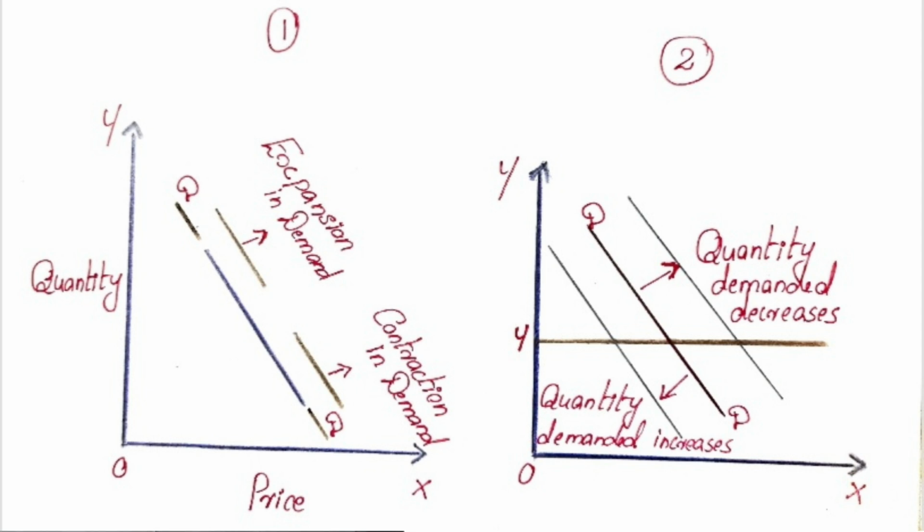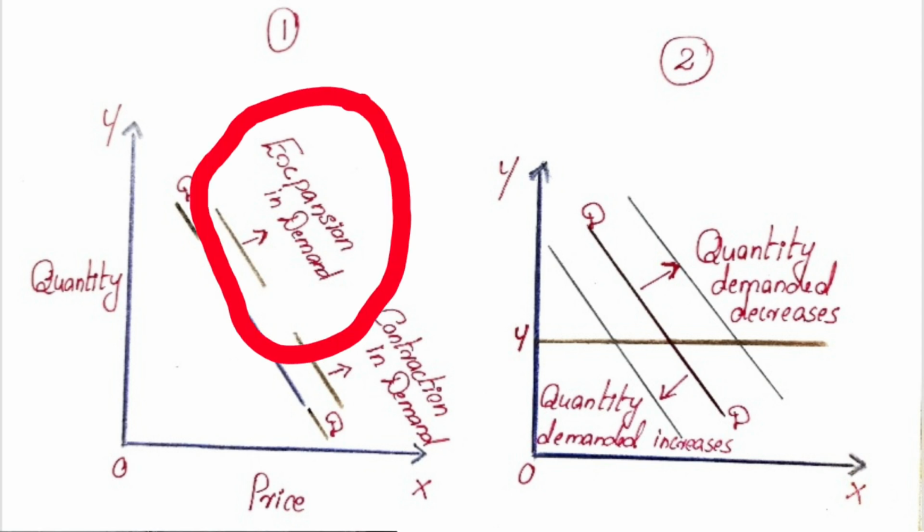These arrows show upward movement, and that arrow shows expansion in demand. Expansion in demand, is it right? It is wrong. Then what is it?